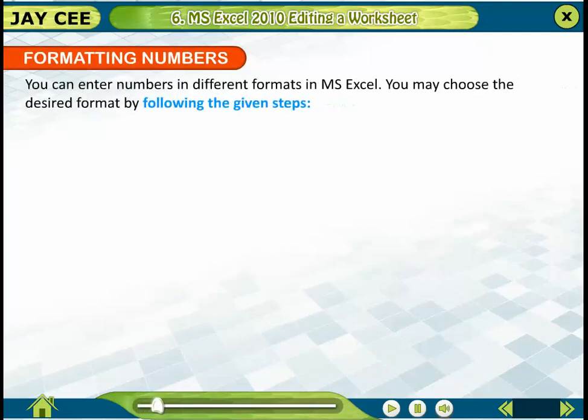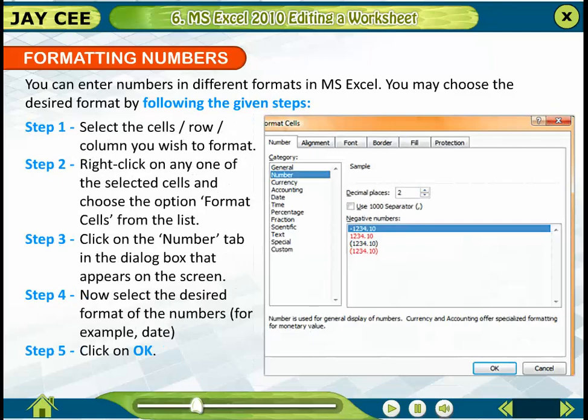Formatting numbers. You can enter numbers in different formats in MS Excel. You may choose the desired format by following the given steps. Step 1. Select the cells or row or column you wish to format. Step 2.